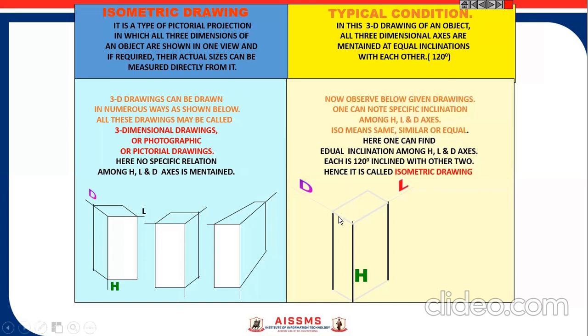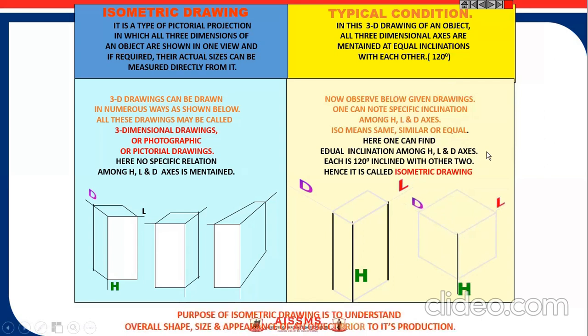There is a relation: if the height is reduced by 1/2, then the length is also reduced by 1/2, and the width of the object is reduced to 1/2. This is generally used for any manufacturing processes. And the purpose of isometric drawing is to understand the overall shape, size, and appearance of an object.